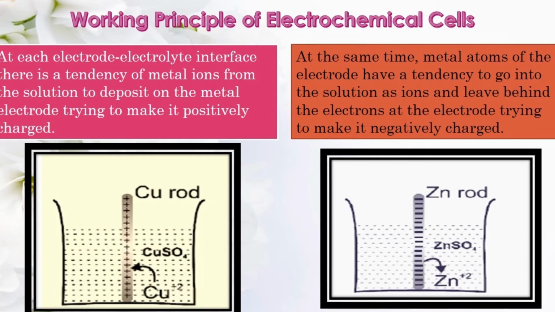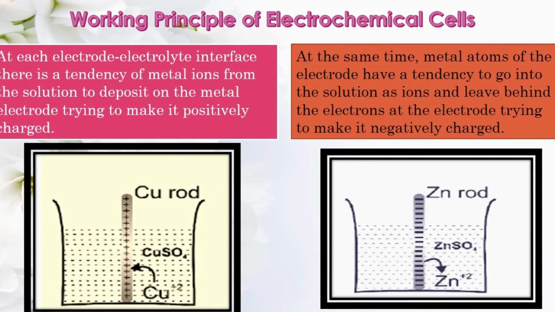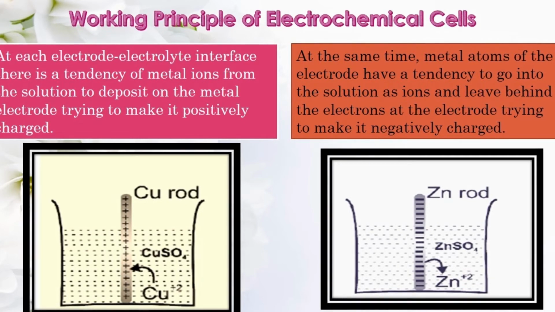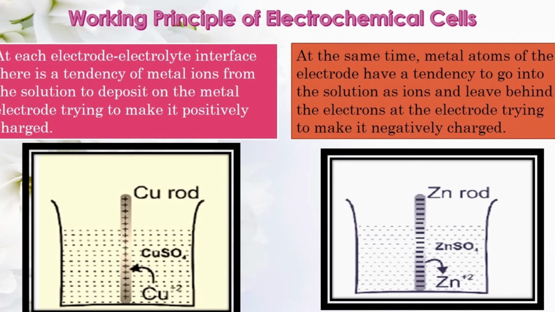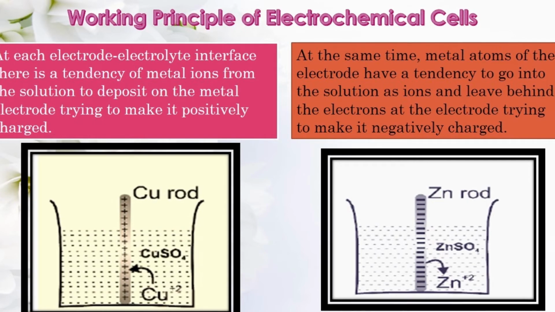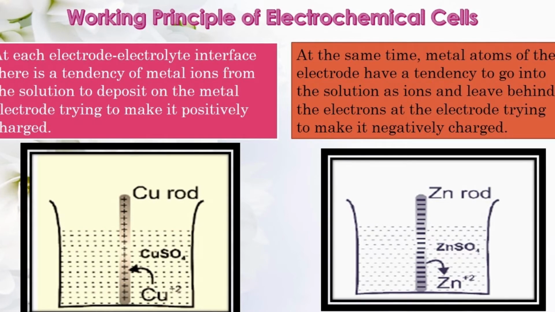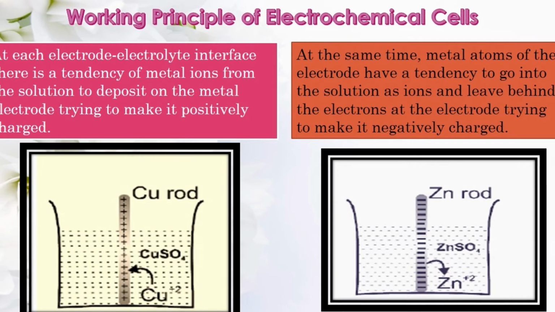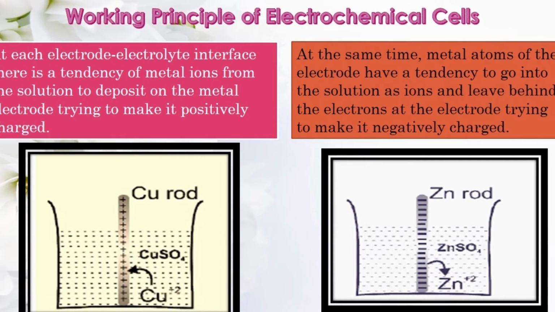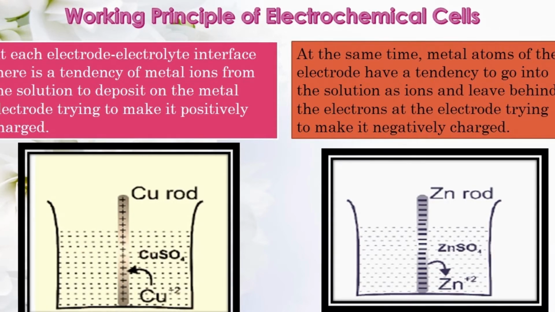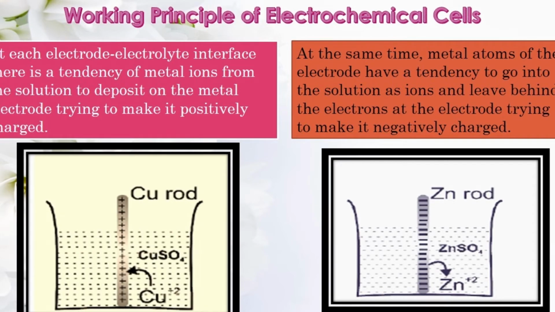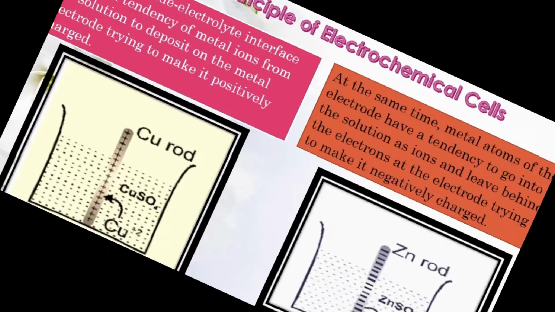For example, if you take a zinc rod dipped in zinc sulfate solution, the zinc atoms present in the zinc rod will dissolve into the zinc sulfate solution. So, Zn2+ ions will go into the solution from the zinc rod, and the two electrons of that zinc atom will be present in the zinc electrode. As a result, the zinc electrode will carry a negative charge.